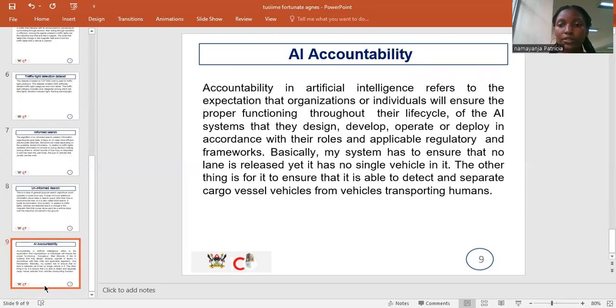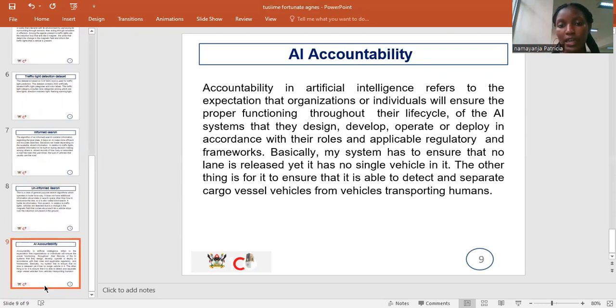Then, as I conclude, we're going to conclude with AI accountability. In AI accountability, you have to be very specific and tell people out there what your program does, because in case it doesn't fulfill what people thought, or what people misinterpreted, it could get you sued, or get you in trouble.